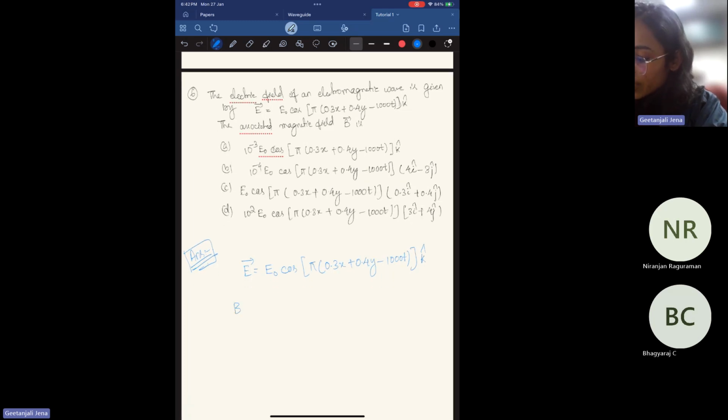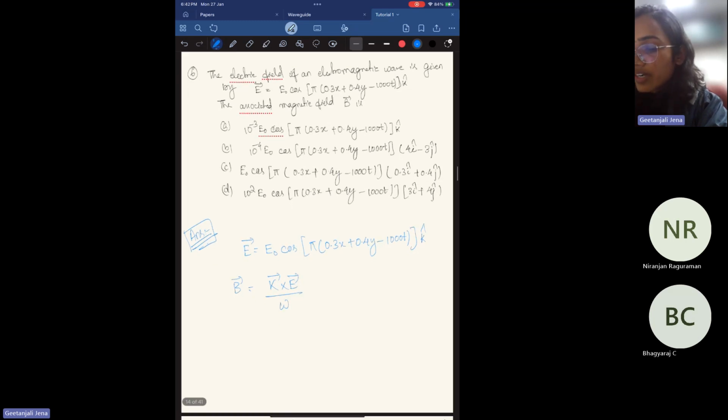So B you already know, it is K cross E divided by omega. So the first thing is to find out what is the expression for K by looking at this form.